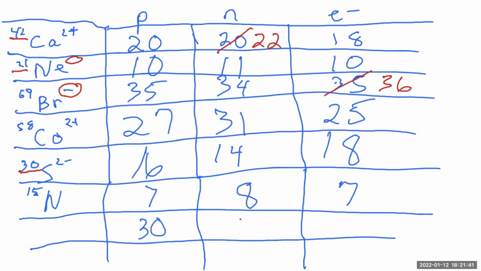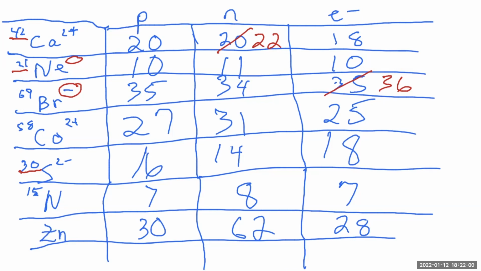If I had, let's say, 30 protons, a mass number of 62, and 28 electrons, what would I have? Zinc.